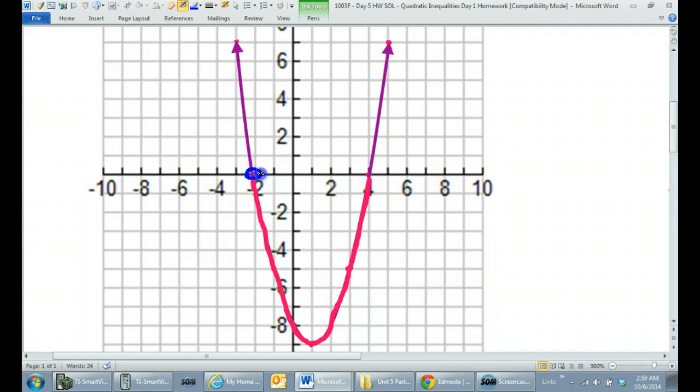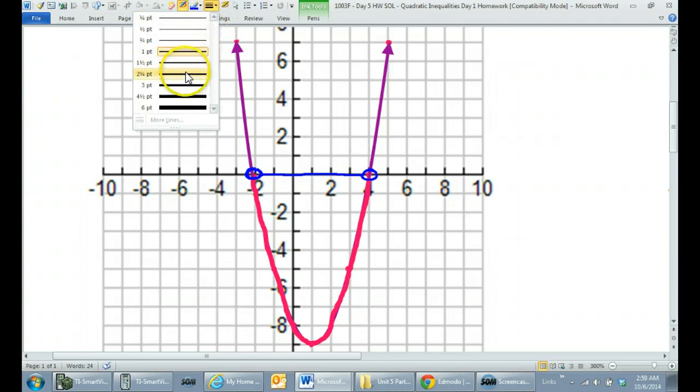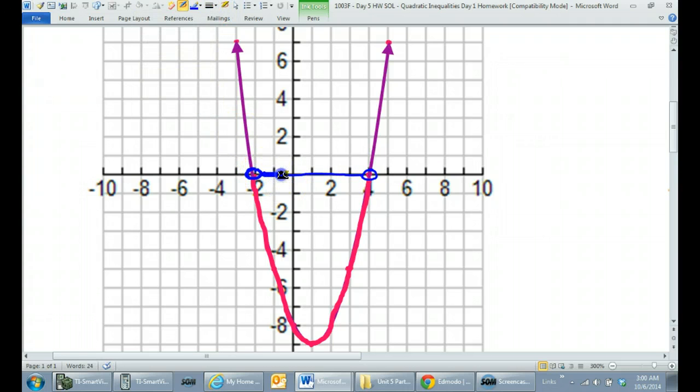So I'm going to leave these as open circles, and I can see that the solutions, the x values, are here between negative 2 and 4. So if I just want to show only the x values, then I'll draw this line. I should draw it a little bit thicker. I'll draw this segment between negative 2 and 4 to show all the solutions between negative 2 and 4.